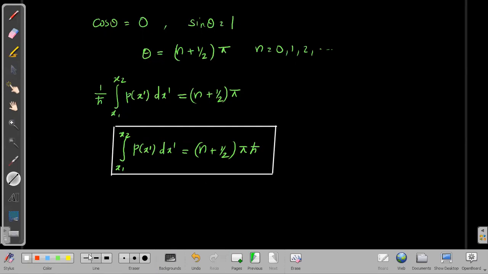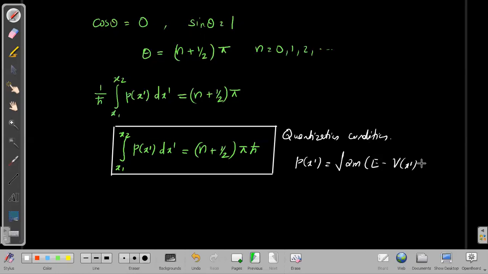So now we have got the quantization condition. I can call it a quantization condition. Now this quantization condition can be written in terms of energy as well, because p of x prime is nothing but square root of 2m (E minus V of x prime).